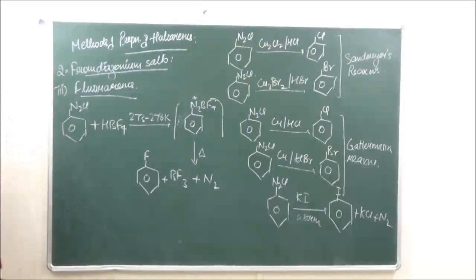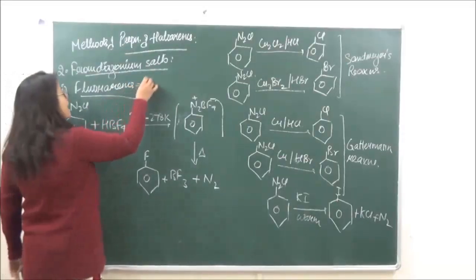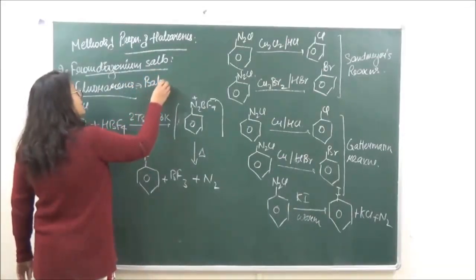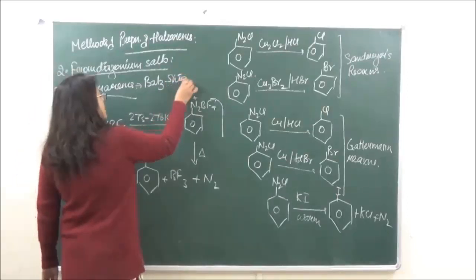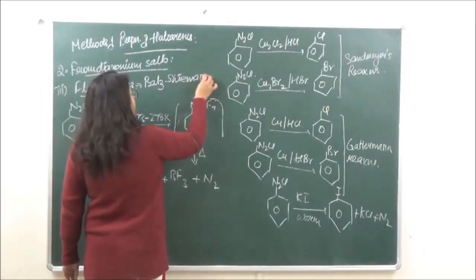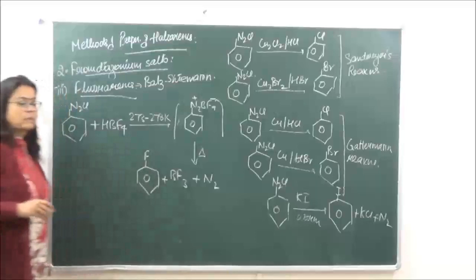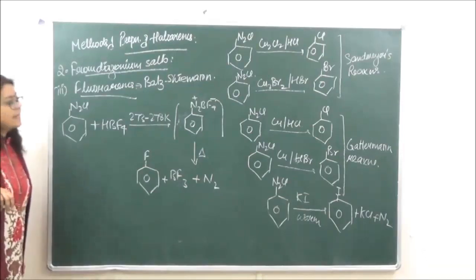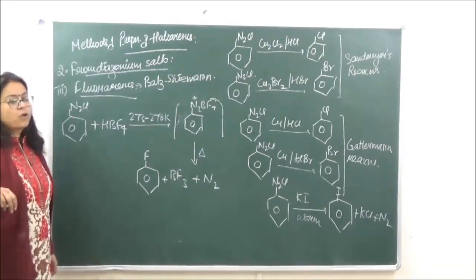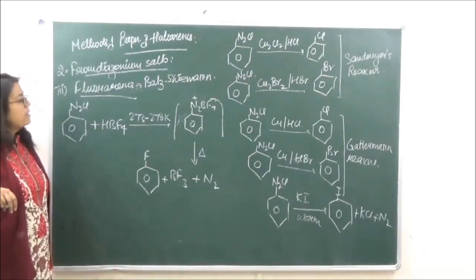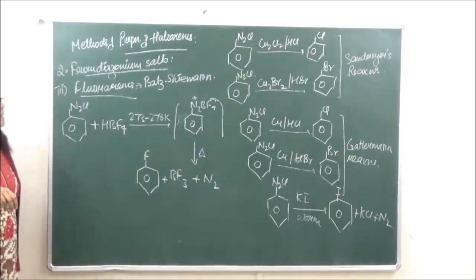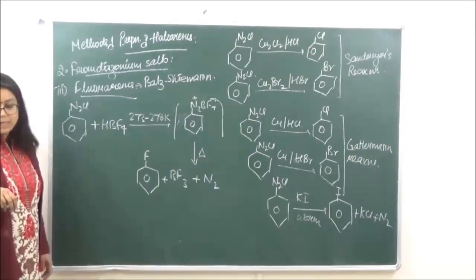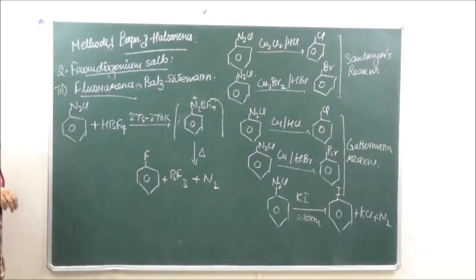This reaction is known as the Balz-Schiemann reaction. So this is the third type of name reaction. Sandmeyer and Gattermann are used for chloro and bromo derivatives, whereas Balz-Schiemann is used for fluoro derivatives.